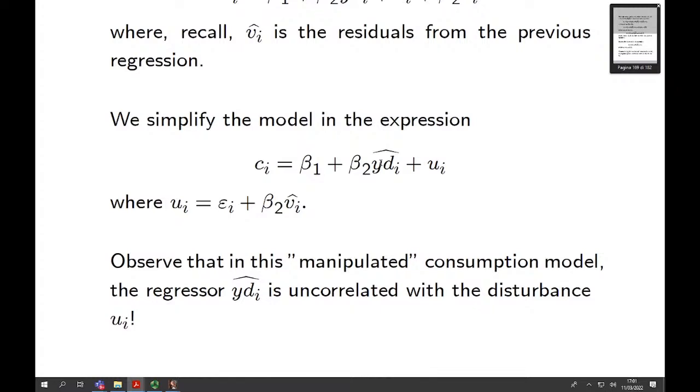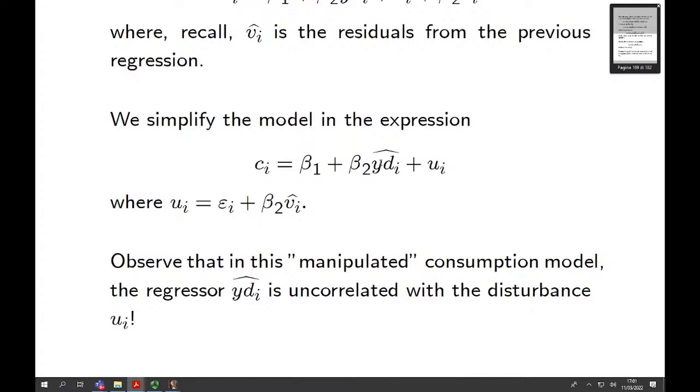First, in the auxiliary model, from where we get the fitted, and then in the second transformed model. And we have done this job in order to eliminate the correlation. So this regressor is no longer YD, it's YD fitted. YD fitted is, by construction, no longer correlated with the error term. So we can run OLS to estimate beta 2.